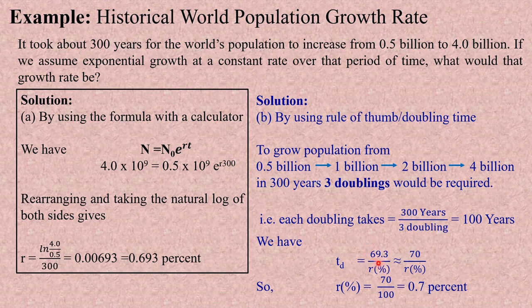If we take this, then it is 0.693%, that is the same as the previous. So we can use this formula also for solving this problem. Now we go to the half-life.